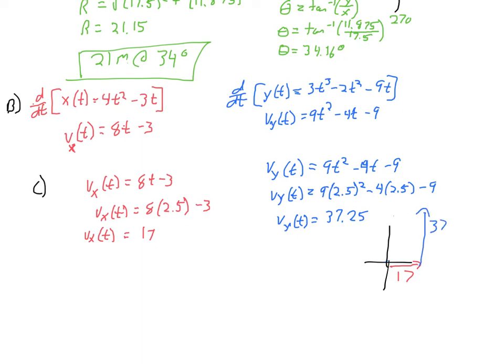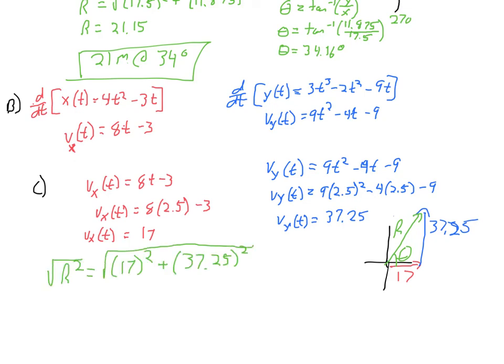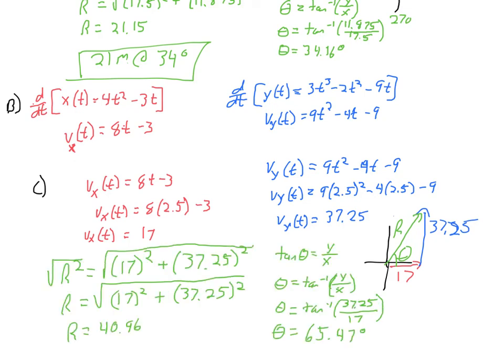So now I've got 37.25 over here. My resultant runs from the first tail to the last tip, r, and here's theta. So once again, for resultant velocity, I'm going to use the Pythagorean theorem and inverse tangent. I come out with these answers here, assuming base units, meters per second. Once again, two significant figures, so round off, and we have our answer.